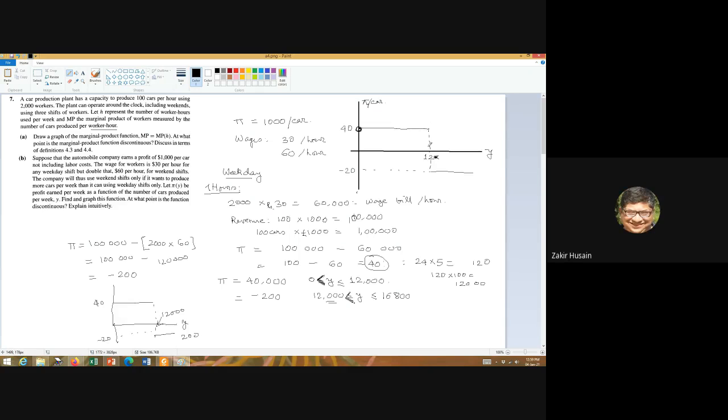So how do we explain this intuitively, like it's asked in the question? At one point, will y be equal to and greater than zero or not? y will be greater than 0, less than or equal to 12,000.